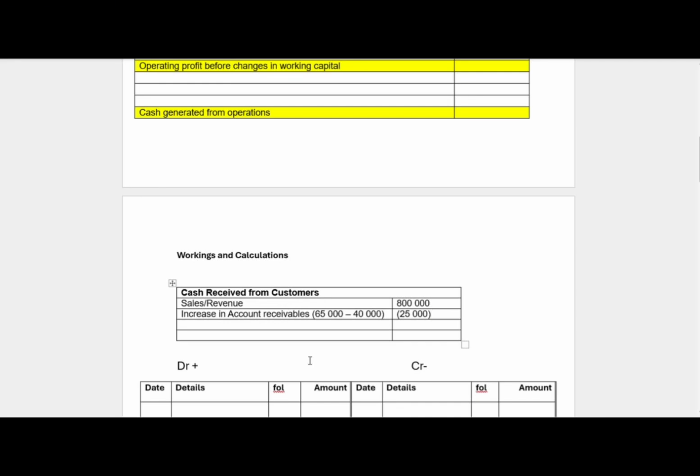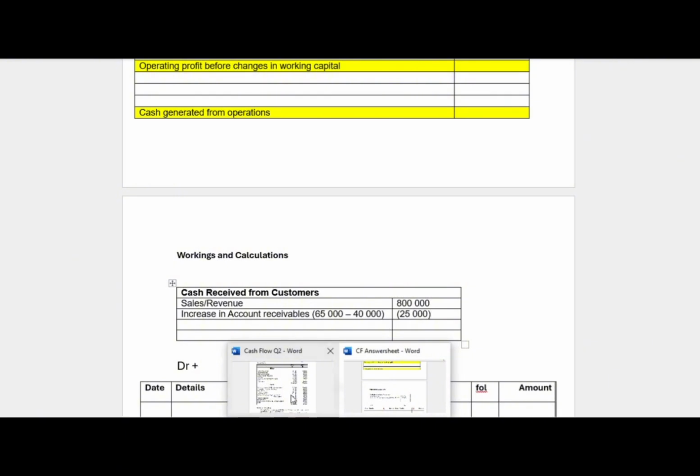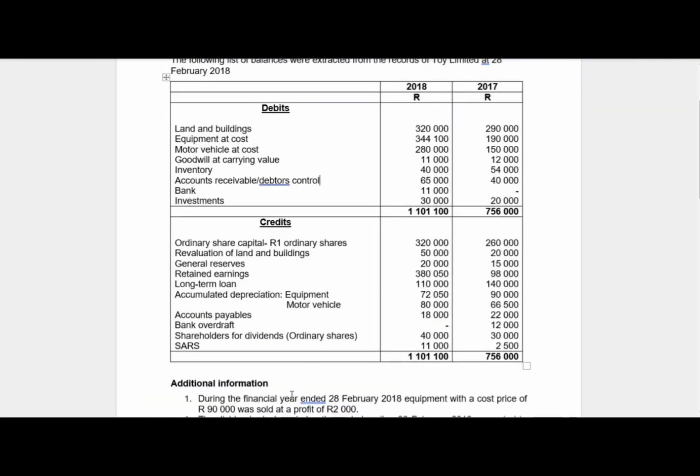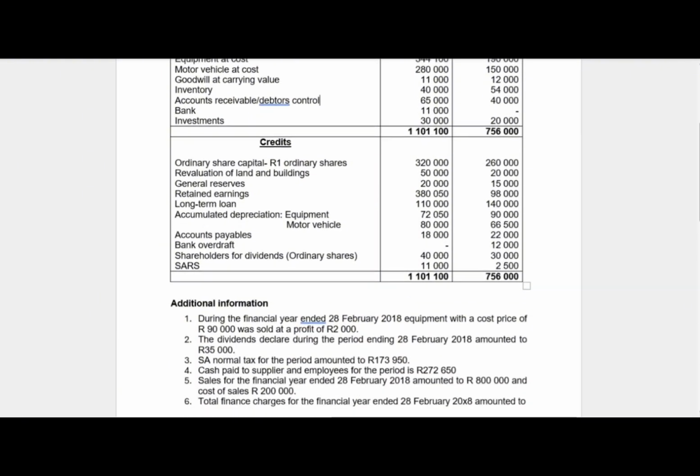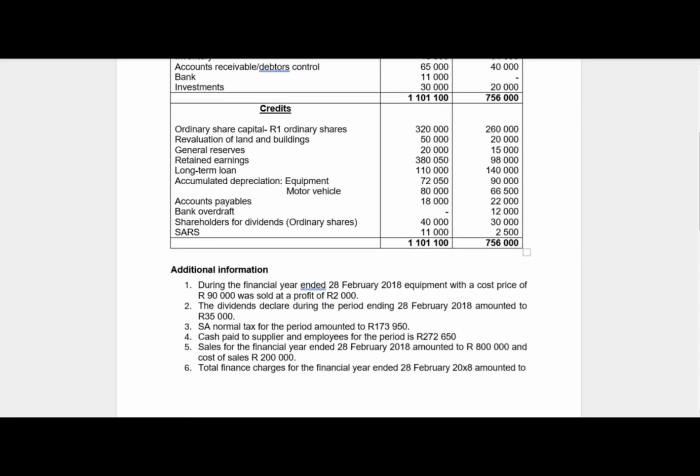As we were going through our question, we didn't find anything related to any other item that can be considered a receipt from customers. We only got those two. I won't share a lot of details, but you can put a question in the comments if you need more about this.